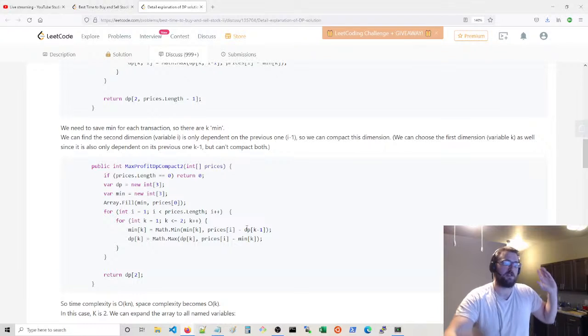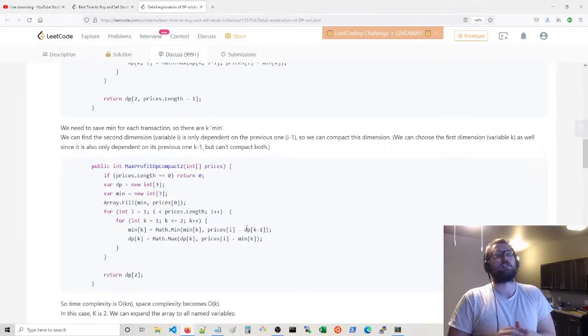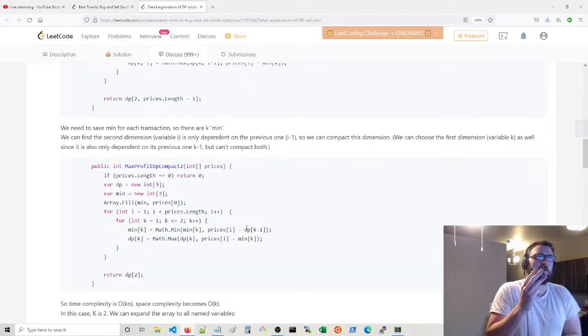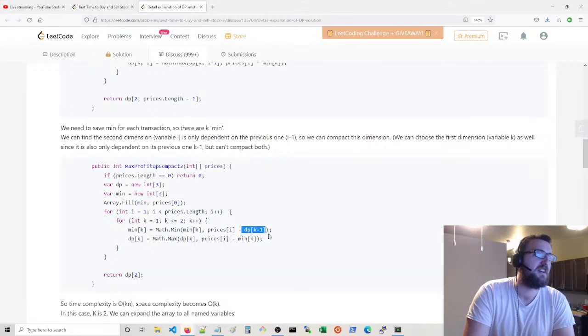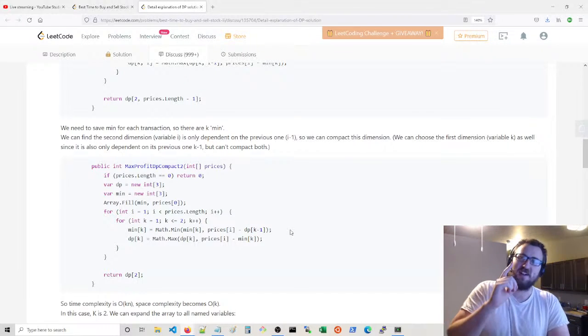Now the question is, does that translate to all of the other situations? Not necessarily. It might, but I don't think so. We would need to find a counterexample. But it does work for 2. It may or may not work for 3. It probably works for 3, but I don't think it does. The reason it works for 2 is that it just so happens that changing dp of 1 does not change dp of 2.